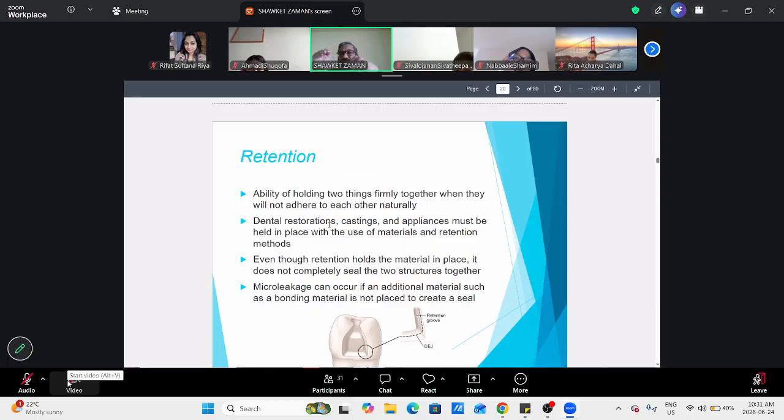Once we apply them and they react to each other, they shrink, and when they shrink, they make a micro gap. So sometimes we are not able to get a complete seal between the materials and the tooth structure. We cannot see it with the naked eye, but we are able to see it under the microscope. So that is retention.